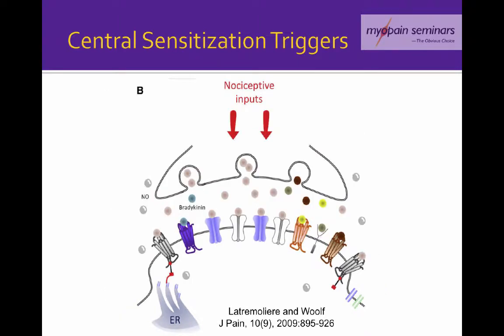When there is nociceptive input after a barrage of activity in a nociceptor, many processes happen at the same time. For example, the primary afferent presynaptic terminal releases glutamate that binds to the AMPA receptor and to the NMDA receptor, now without the magnesium plug, and also to the metabotropic G-protein coupled glutamate receptor.